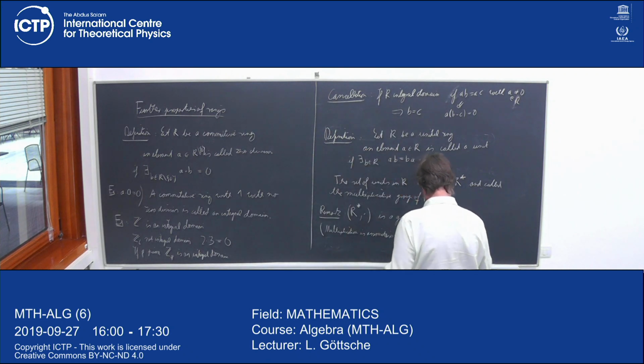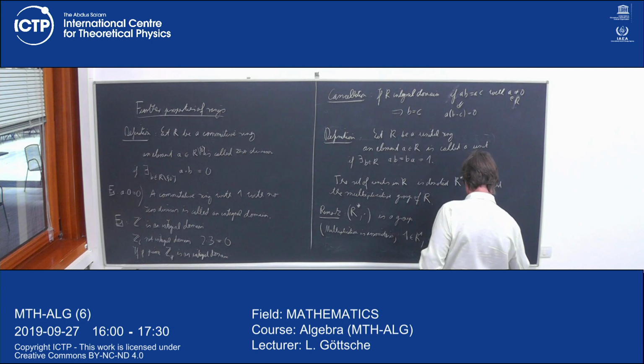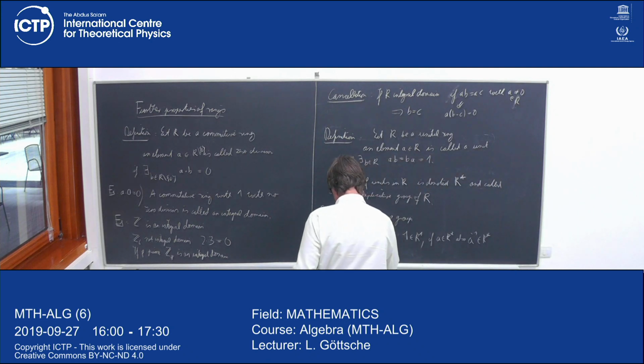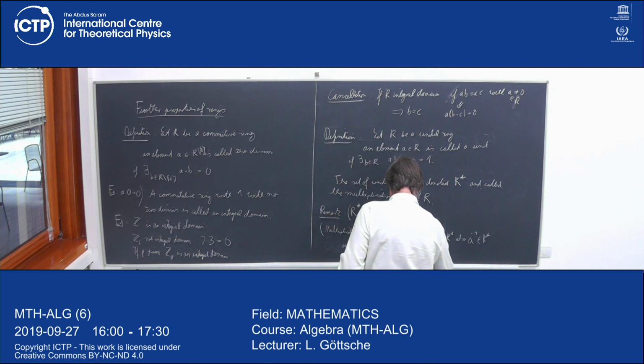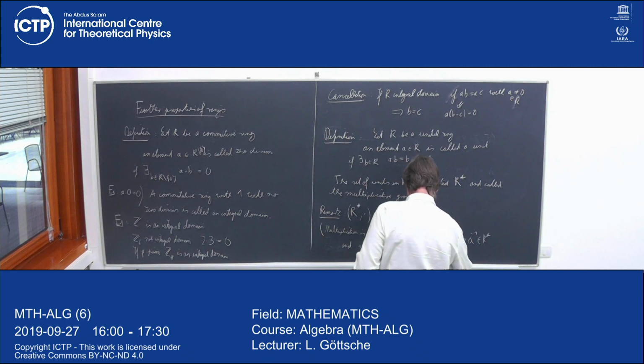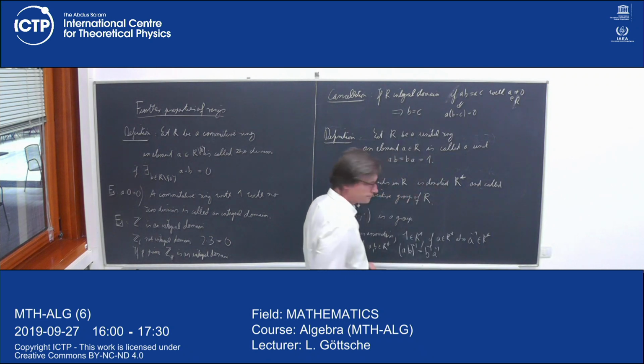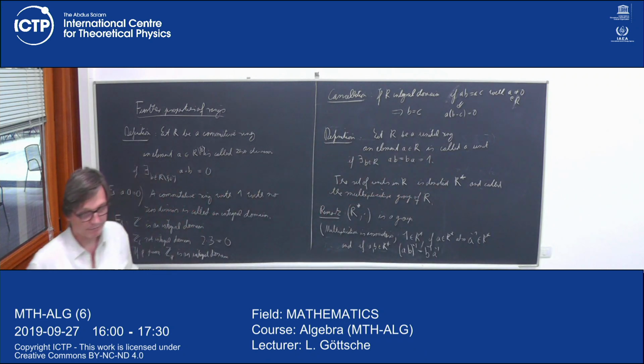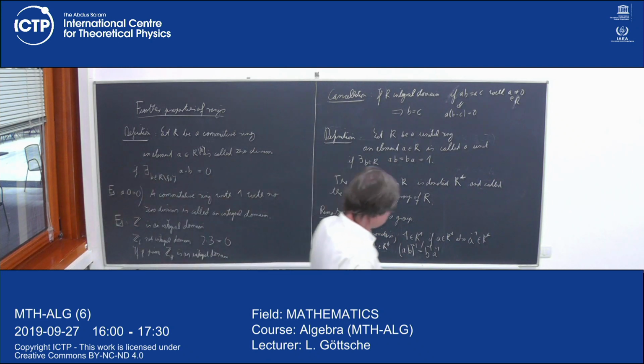So if A is in R star, also A to the minus 1 is in R star, and if A and B are in R star, then (AB) to the minus 1 is equal to B to the minus 1 times A to the minus 1. Okay, so this is trivial.